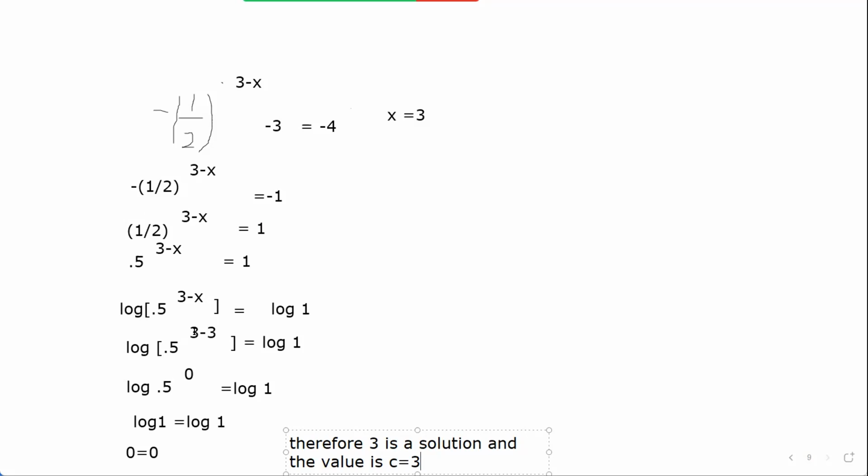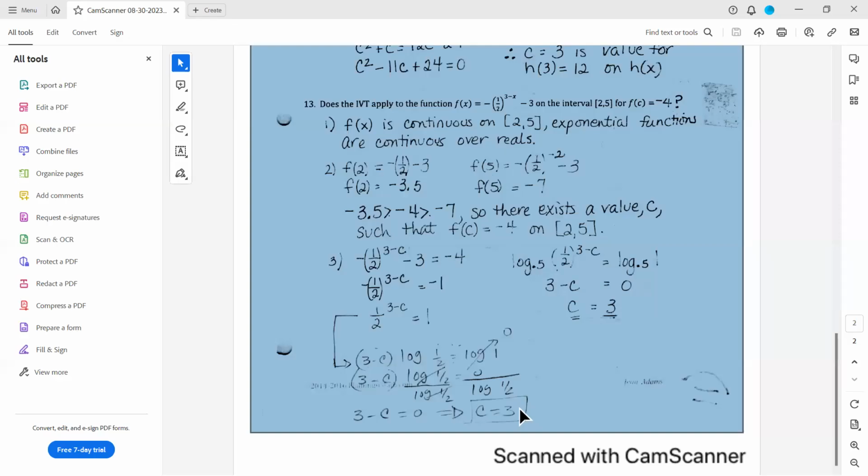Okay. But my point was that here you have to verify that this solution actually works, which is what this was. Got it. But she started from this step. Got it. She started from here.